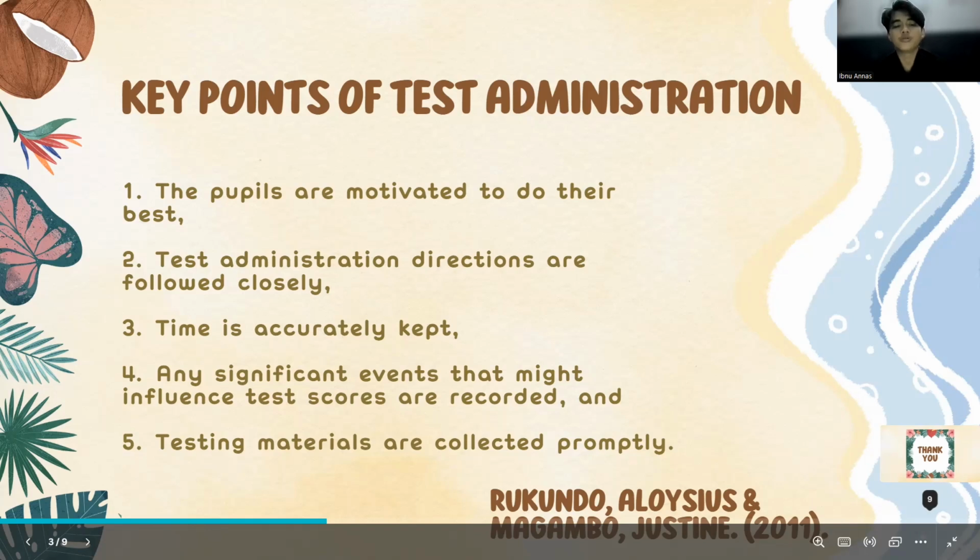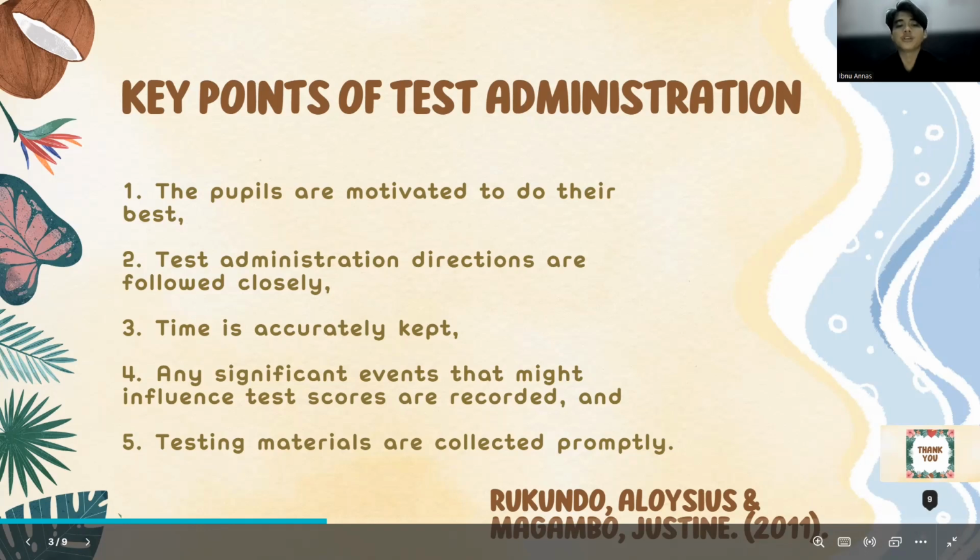Number two is that the test administration directions are followed closely. It means the test taker is guided closely by asking and by giving directions so that the directions can be followed closely.